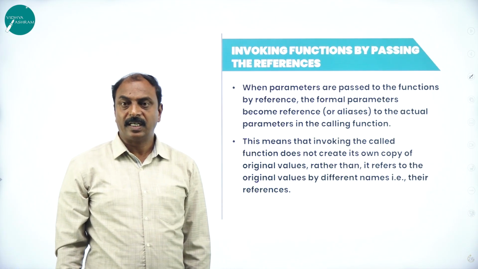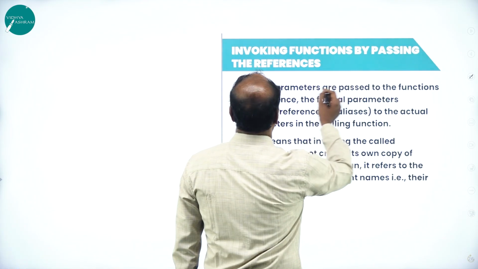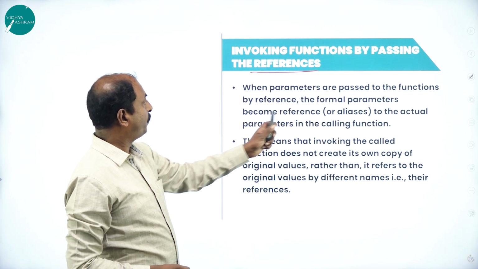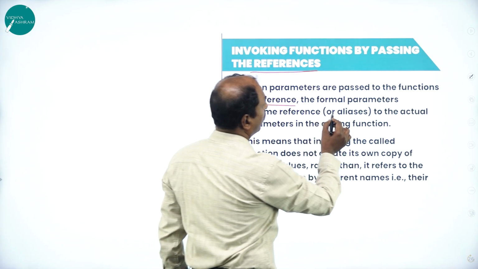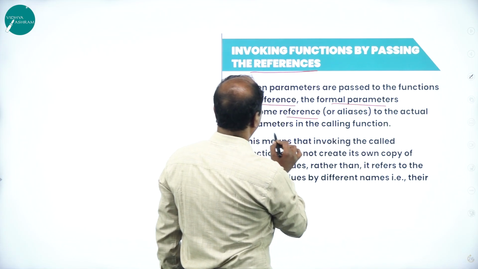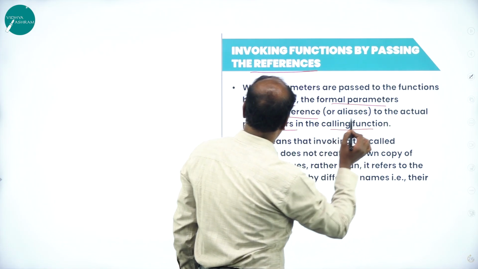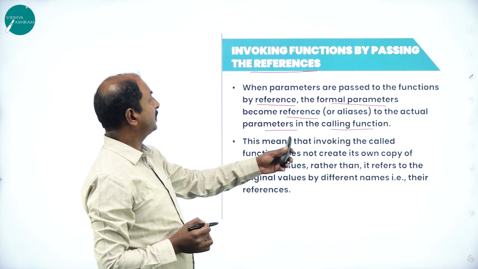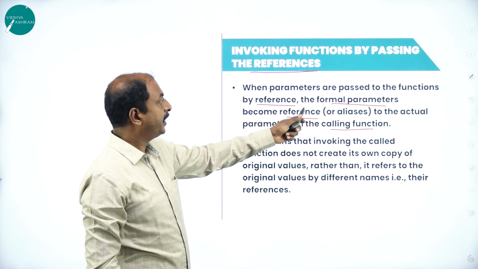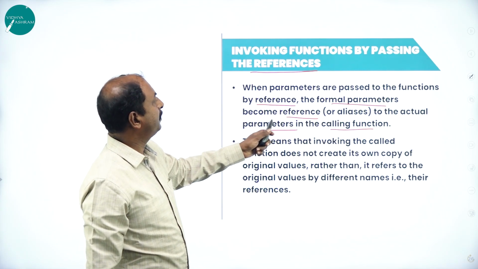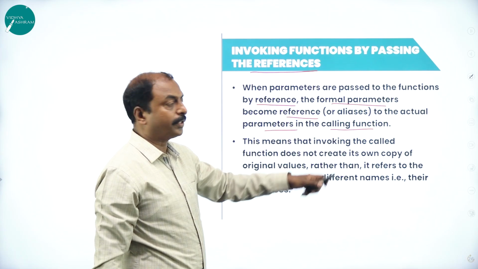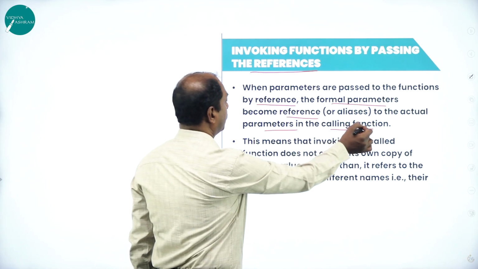Now let us see an example of invoking a function by passing references. When parameters are passed to the function by reference, the formal parameters become references, aliases, to the actual parameters in the calling function. So when you pass variables by the reference method, the formal parameters become the alias or the reference to the particular variable while calling the function.